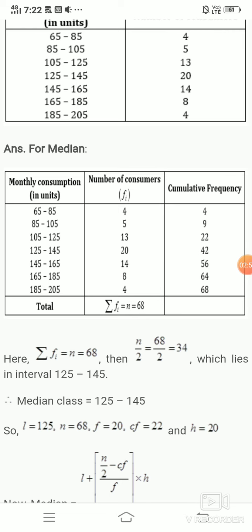So 42 is the cumulative frequency, 20 is the frequency, and 125 to 145 is the median class.